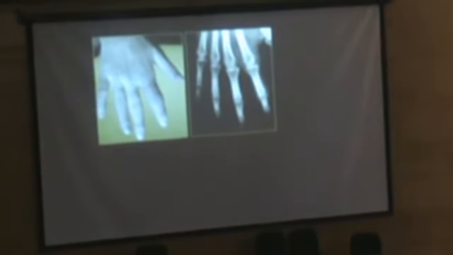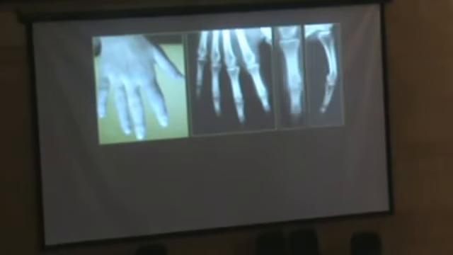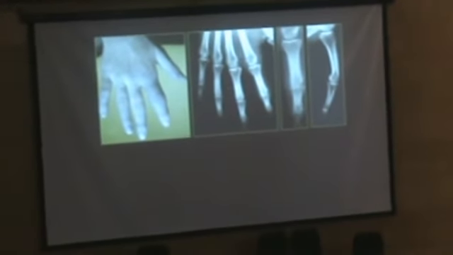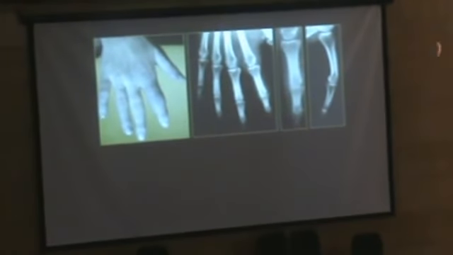I'll go through this example very quickly just to show the aspect of the sausage digit. It's a very typical feature of psoriatic arthritis. So we see some swelling of the soft tissues. And of course, we're going to see some other findings going on. The joints are not that bad when we see that X-ray.